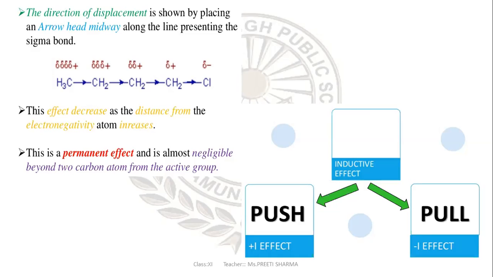So we have two types, plus I and minus I, and moreover, whenever a donating group is being attached at the end of a carbon chain, it is known as a plus I group, and that effect is known as plus I effect. And if an electron withdrawing group, right, or more electronegative group is being attached to the end of the carbon chain, it is known to be a minus I group, and the effect is known as minus I effect. I have already discussed with you which are the electron withdrawing groups and which are electron releasing groups.